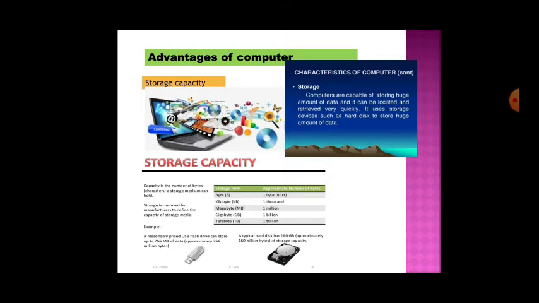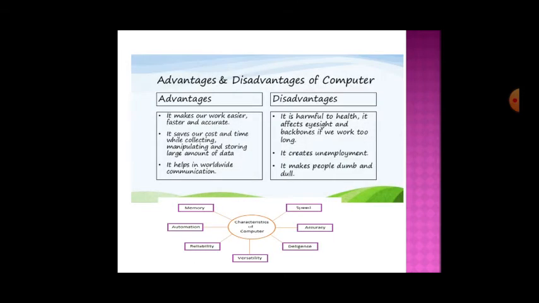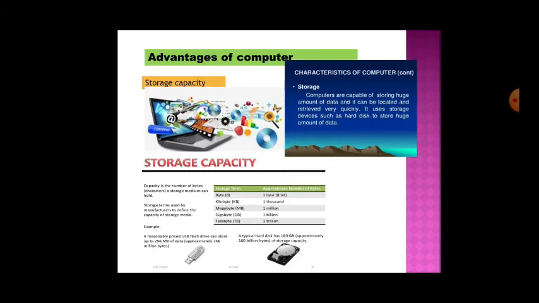A pen drive or USB flash drive of 256 MB means 256 into 1 million bytes. So it can store that many bytes. A typical hard disk has 160 GB, meaning 160 billion bytes of storage capacity, which is very huge. So this is the major advantage of the computer.